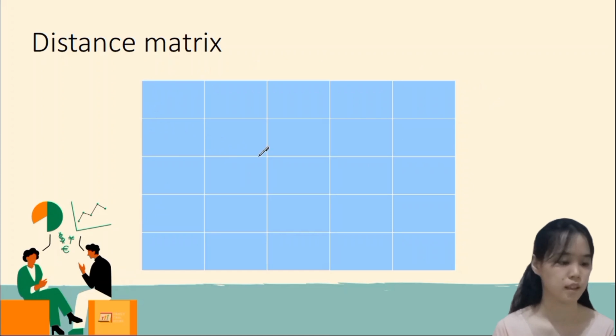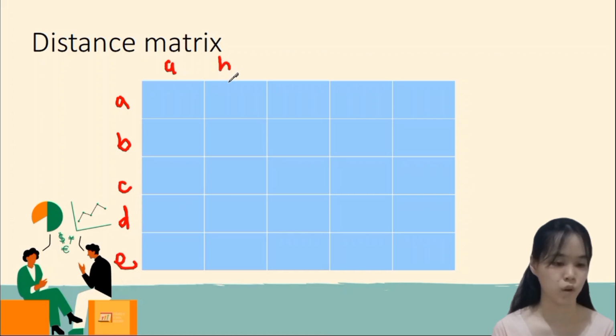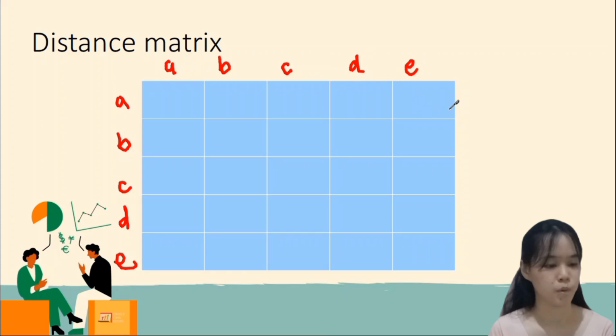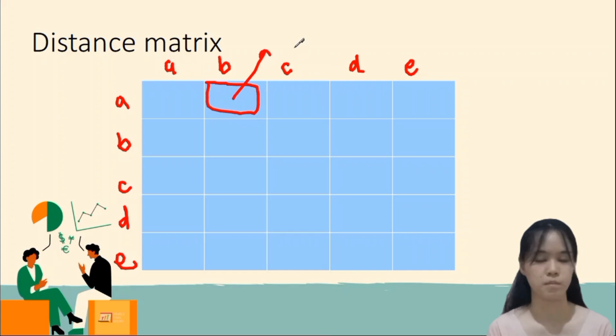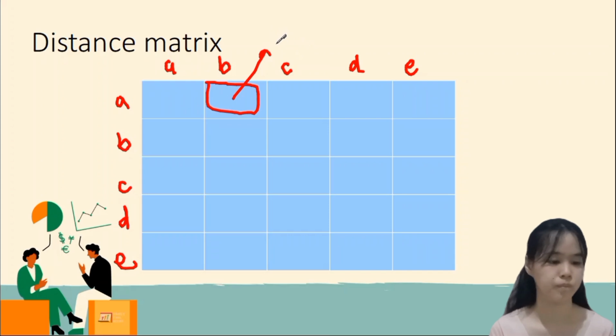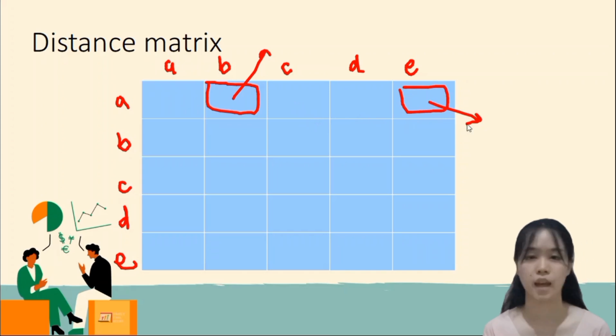The rows are for time series A, B, C, D, E, and the columns are also labeled the same way. Let's say that we want to fill this out. This would be the DDTW between time series A and B. And for example, this would be the DDTW between time series A and E.